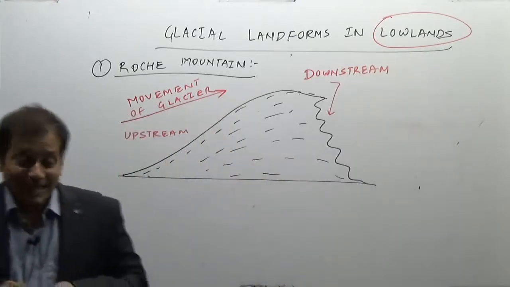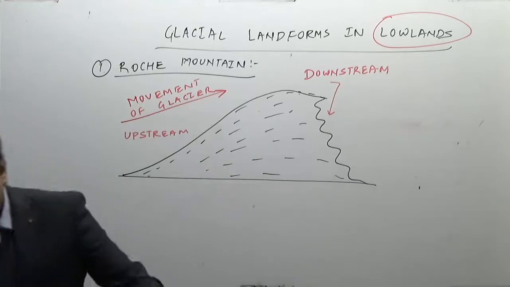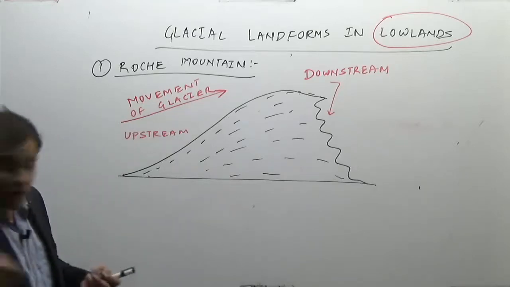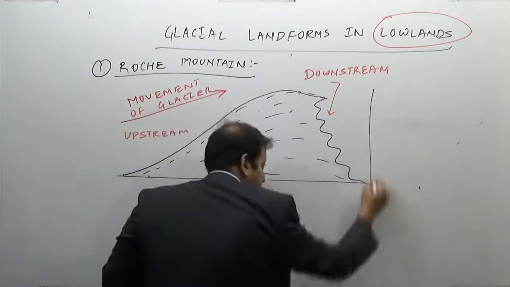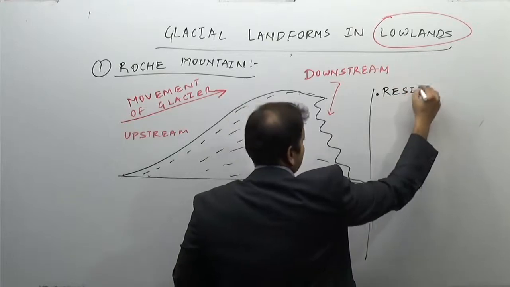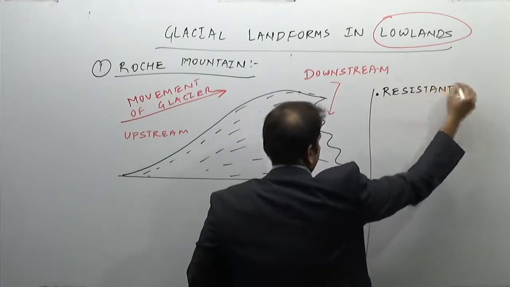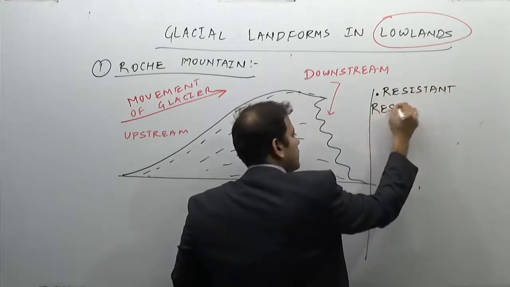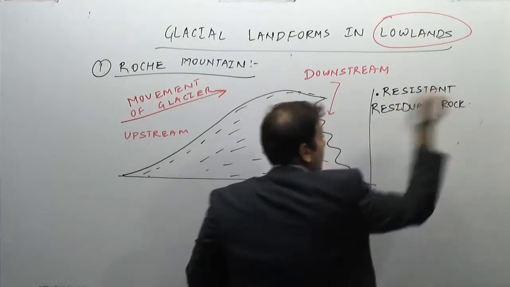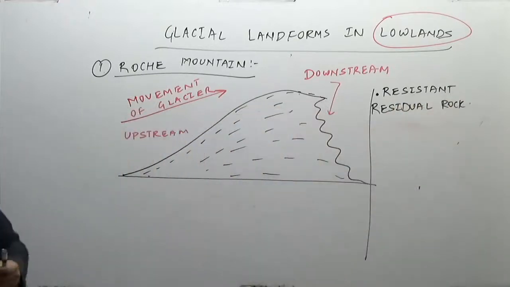So what is it? It is an individual rock, a resistant rock, it is a resistant residual rock.